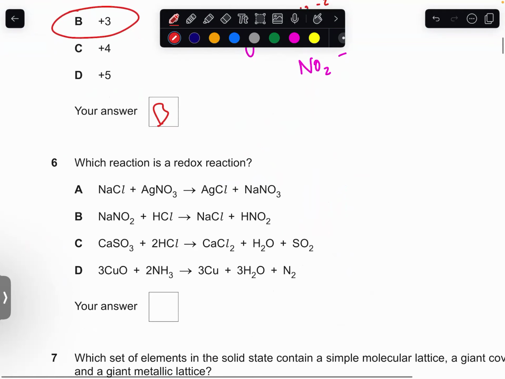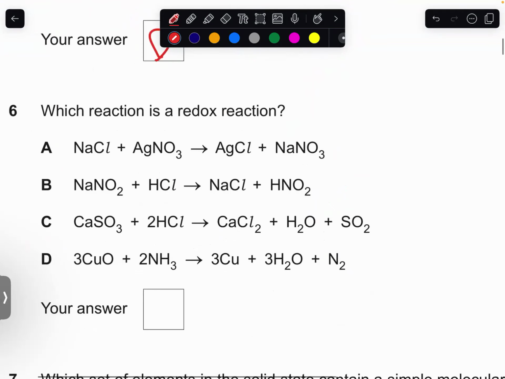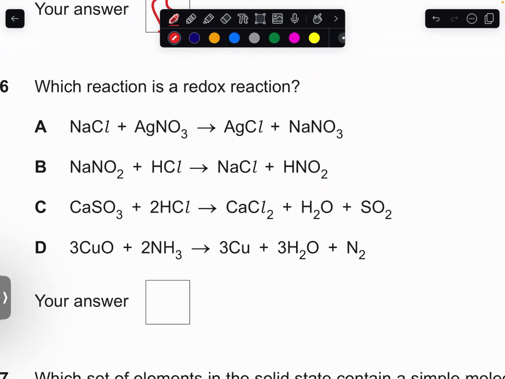Moving on. The first reaction is a precipitation reaction. No change in oxidation numbers happening, a test for a halide. The second one, you see, only the H+ and the Na are swapping around. So you could say it's almost like an acid-base reaction.